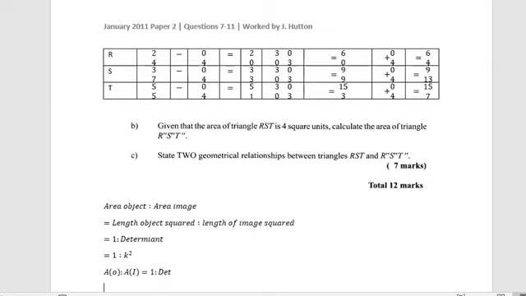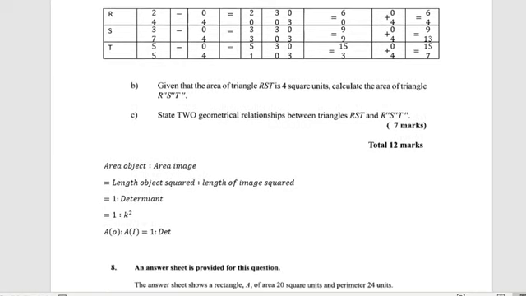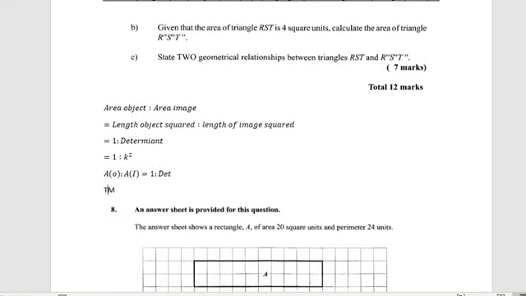How do we get the determinant? By basically cross multiplying with the diagonals of the transformation matrix. If I remember, before, the transformation matrix was given as 3 from the working that we had done up top, the scale factor.